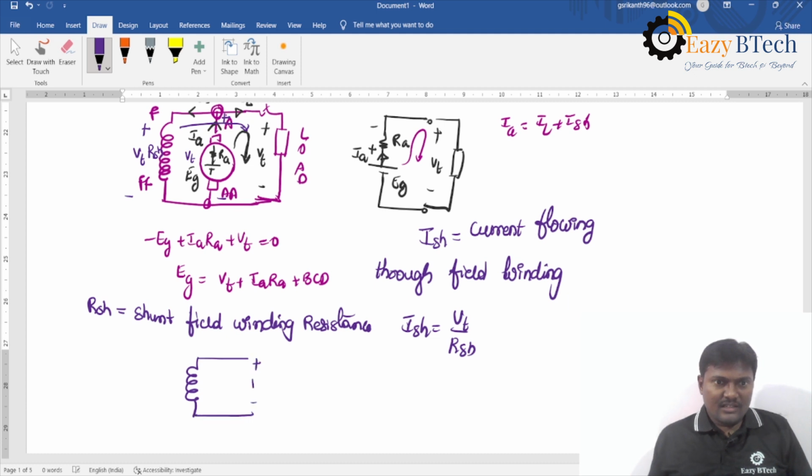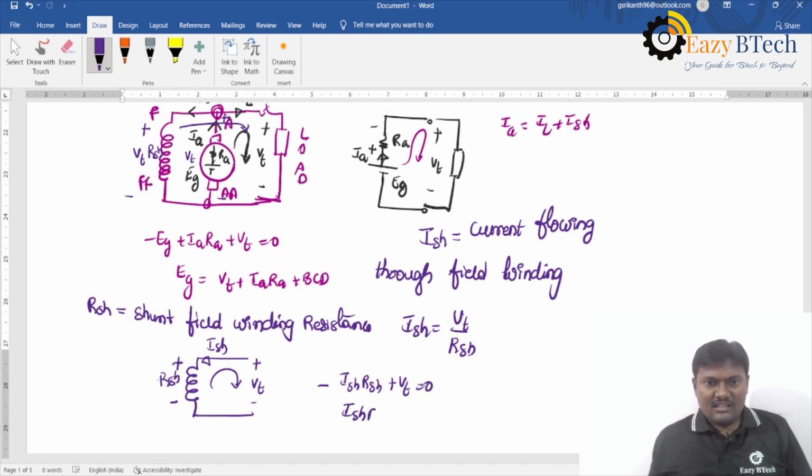Yes, this is Vt, and the current flowing here is ISH, and this one is RSH. Always the current flows from higher potential to lower potential, and you can apply KVL in this loop. So minus ISH into RSH plus Vt is equal to 0.